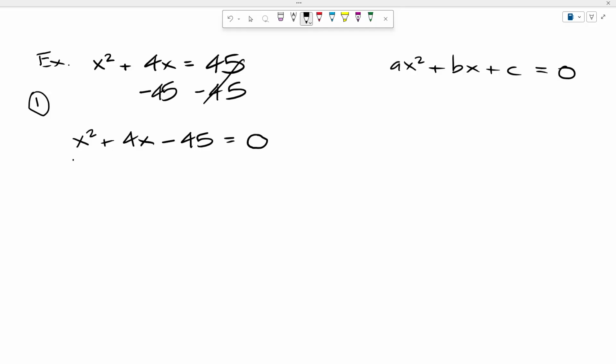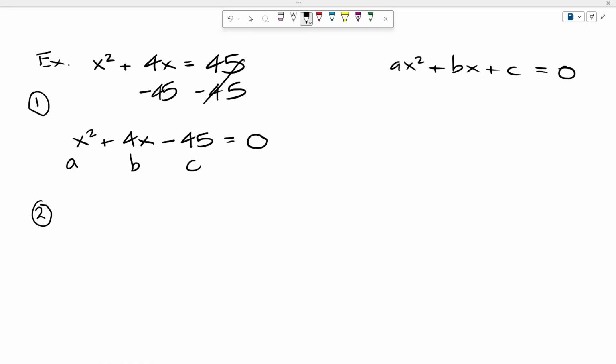So again, this is our a, which is just 1. Our leading coefficient is just the 1. The 4, that's our b, and then c is technically -45, because we have that minus there. So now that we have it in the general form, next step, we can factor it.